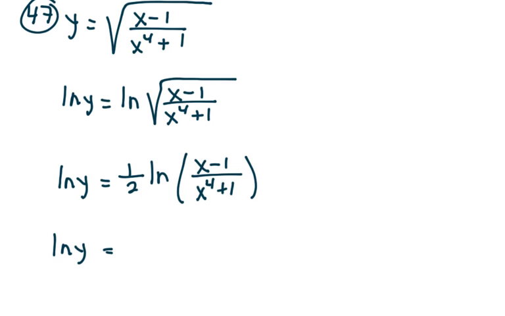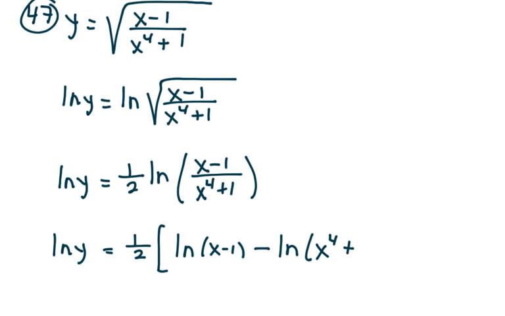So natural log of y is equal to 1/2 of [natural log of (x minus 1) minus natural log of (x to the fourth plus 1)]. Okay. And now we're set up to take the derivative.